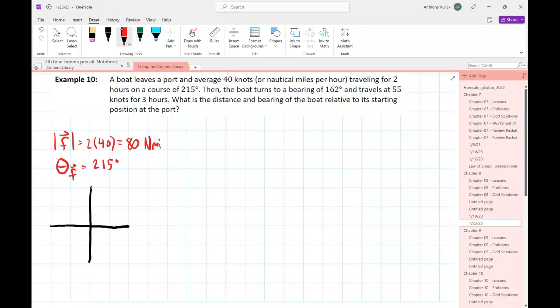How do I draw a bearing? Starting from north. Yeah. So we start from due north and we go clockwise. So 90, 180, and then like 35 more. But what we really want is the standard position angle, which is 90, 90, and then 55 more.